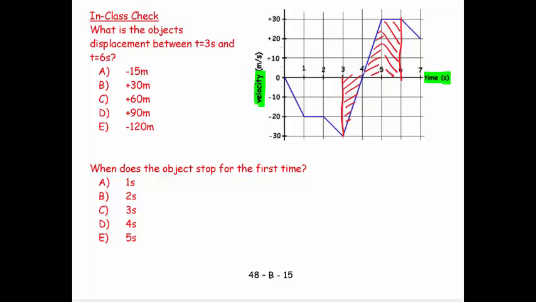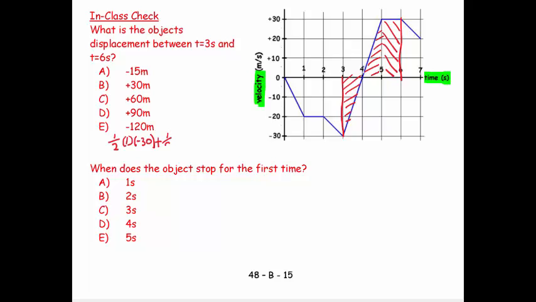And I recognize that there are 2 triangles and a rectangle, so it's a half the base, which is 1, times the height, which is 30. If you like, you can call it minus 30, and you've already taken care of the negativity of that region. And then we look at the next section.